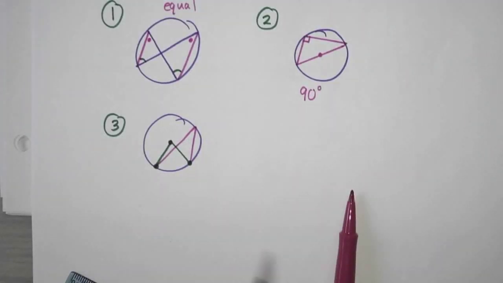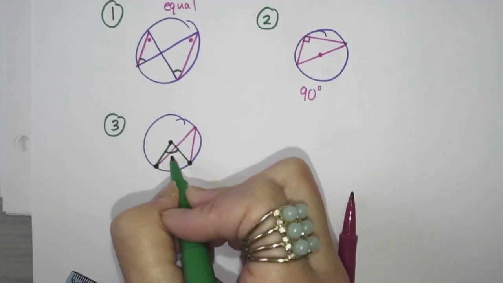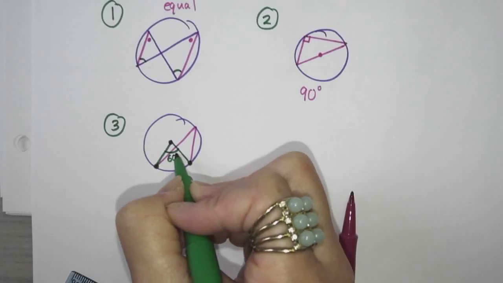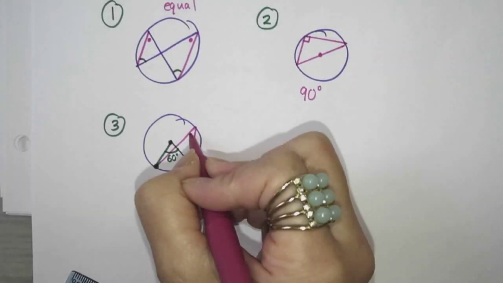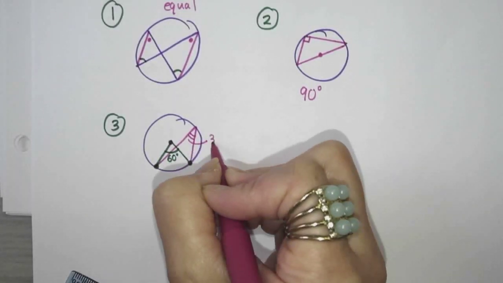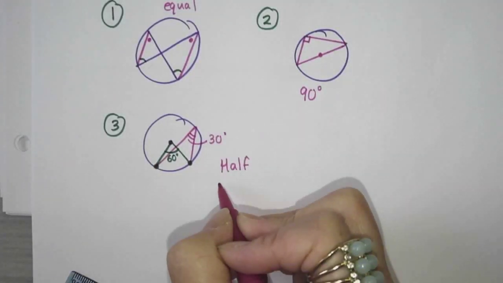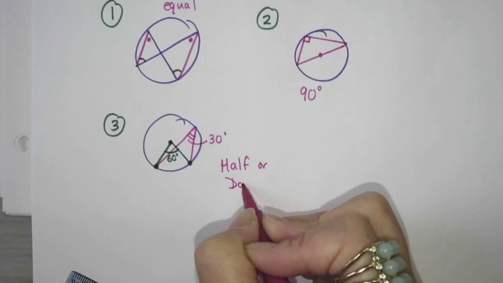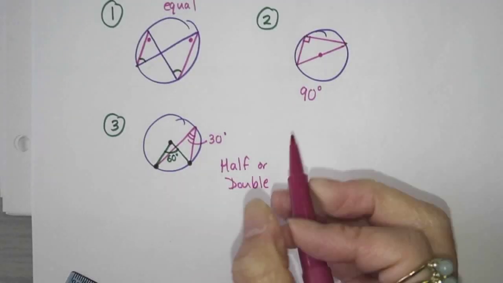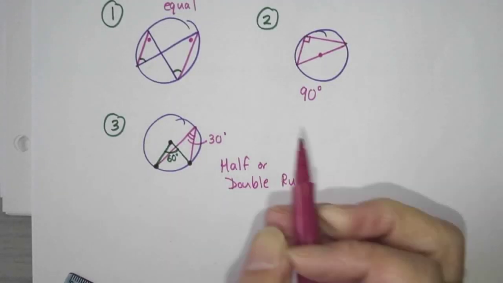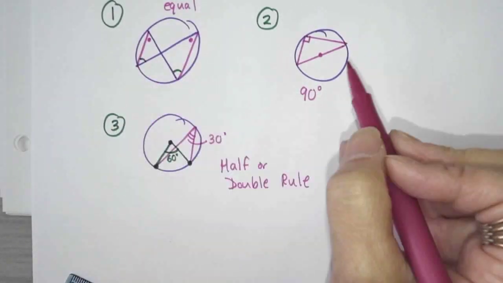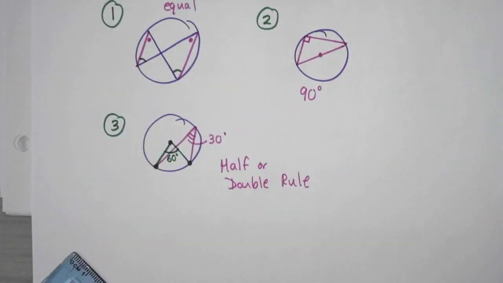I know that this angle here, say that was 60, then this little angle here would be 30. So it's always half. So this is our half or double rule. Right, so we have an equal rule, the 90 rule, and then a half or double rule.